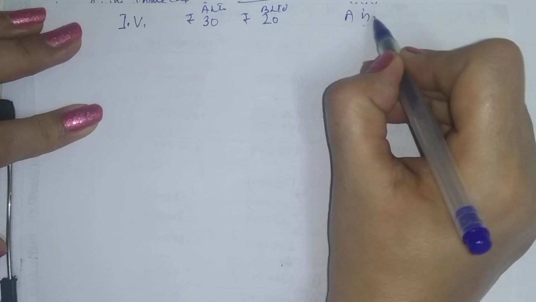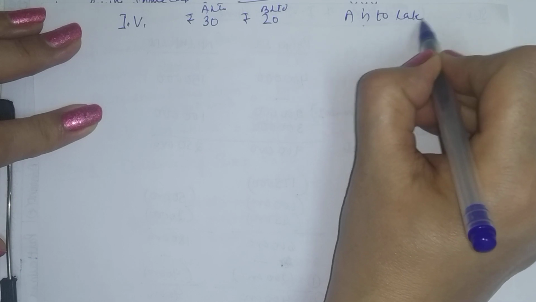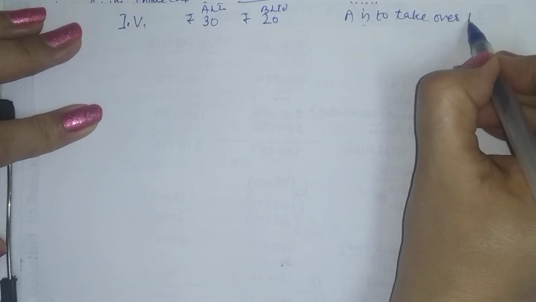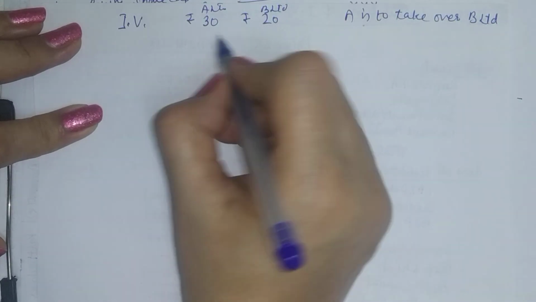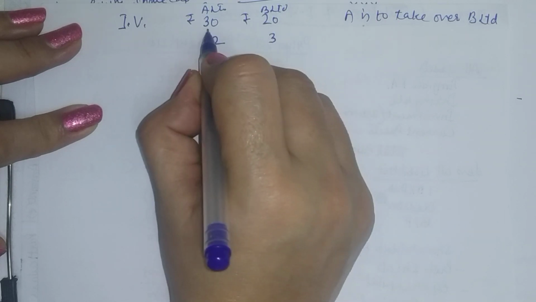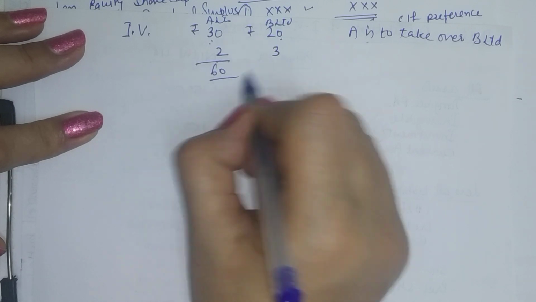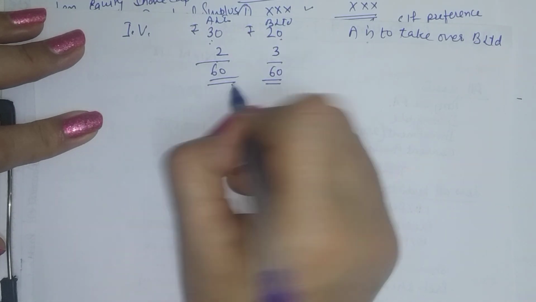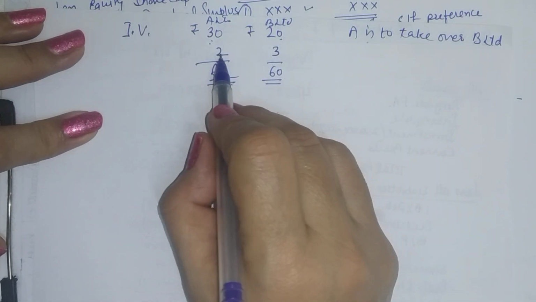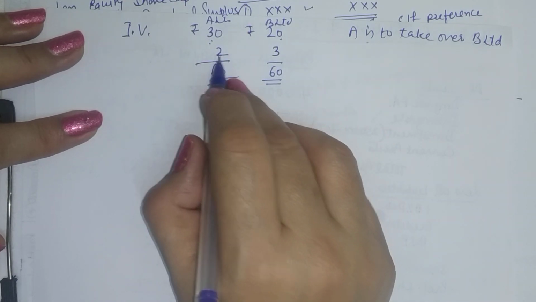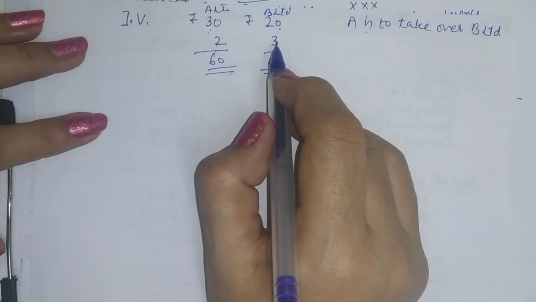Now A Limited is to take over B Limited. Let us first take up the equivalence factor. The ratio is 3:2, so the equivalence factor is 2:3. So 2 shares in A Limited will be equal to 3 shares in B Limited.